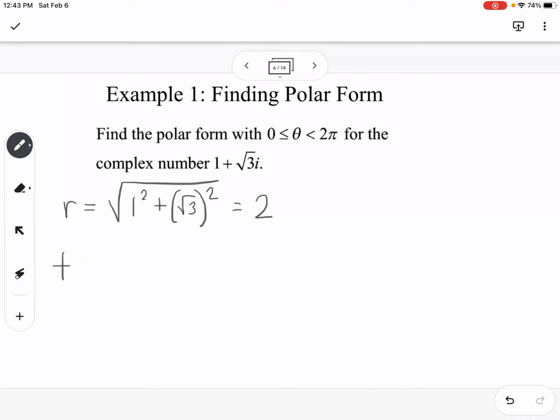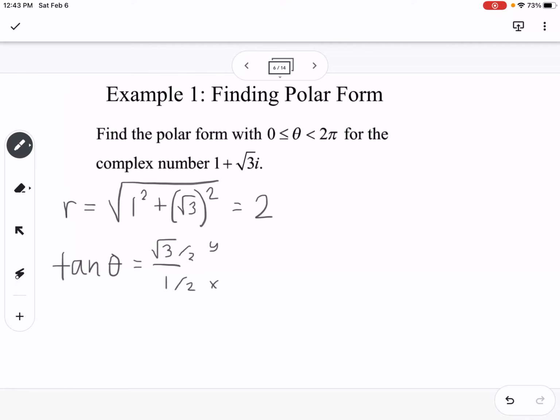Then we need to find theta. Tangent of theta is the square root of 3 over 1. When we go from this step back to an angle, remember, we cancel the denominators to simplify. So if I add a denominator of 2 back in, you're finding what angle has a y value of square root of 3 over 2 and an x value of 1/2.